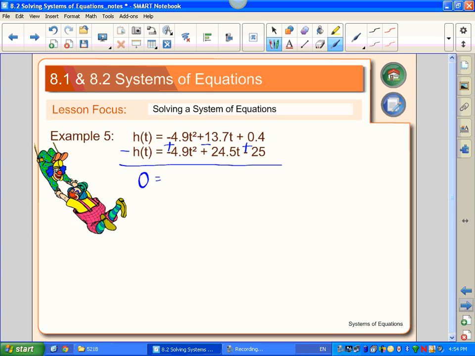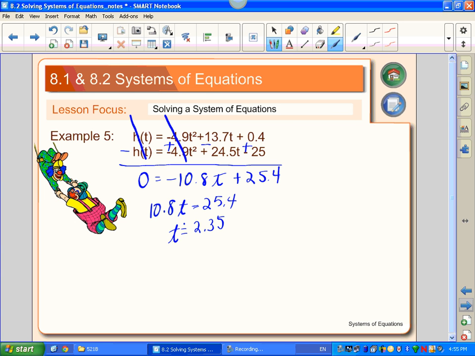Negative 4.9 t squared plus 4.9 t squared gives me 0. So I have 13.7 subtract 24.5, that gives me negative 10.8 t. And 0.4 add 25 is 25.4. So if I do this, I get 10.8 t is equal to 25.4. T is equal to approximately 2.35.